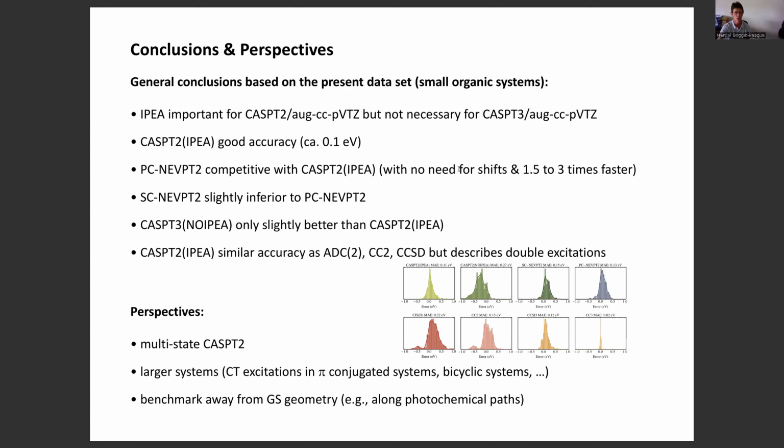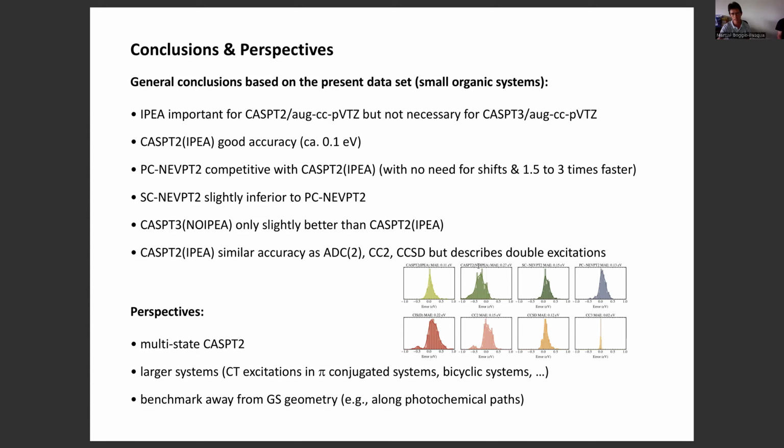The advantage is that you don't need to include a shift, and it's a bit faster as well than CASPT2. The strongly contracted version of NEVPT2 is not as good, but still quite competitive. And CASPT3 without IPEA gives slightly better results than CASPT2, of course, at a certain cost.